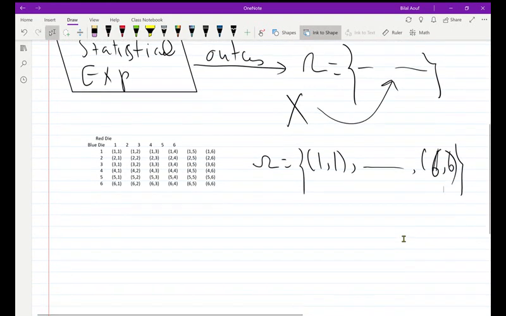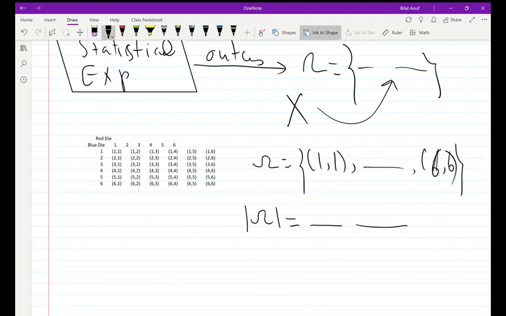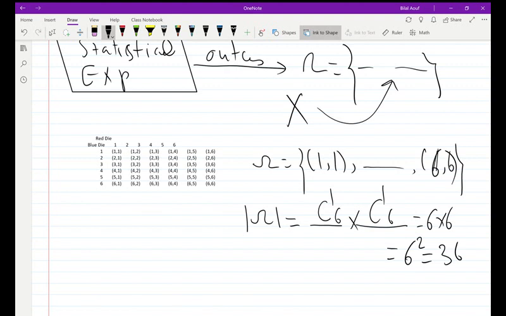The cardinality of omega is the first result. Second result, each die has 6 values, 1 to 6. I have to choose one of them, C(1,6) and C(1,6). The product is 6 times 6, equals 6 squared, equals 36. So I have 36 values.